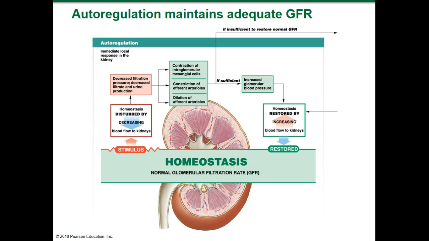So it's going to open up the tubes coming in to increase more coming in, and it's going to restrict what's going out of the glomerulus to increase the pressure. It's going to try to do the opposite, right? If you have decreasing blood flow, it's going to try to increase the pressure inside. So now we have increased glomerular blood pressure as a result, and that restores blood flow and pressure to the kidneys.